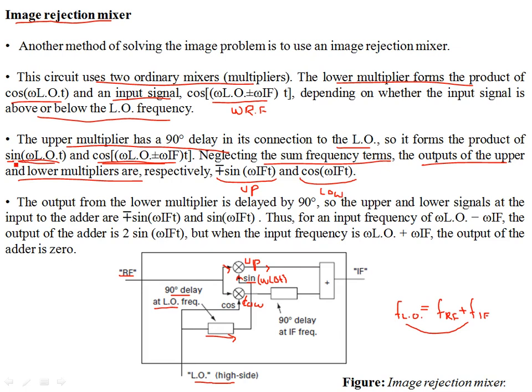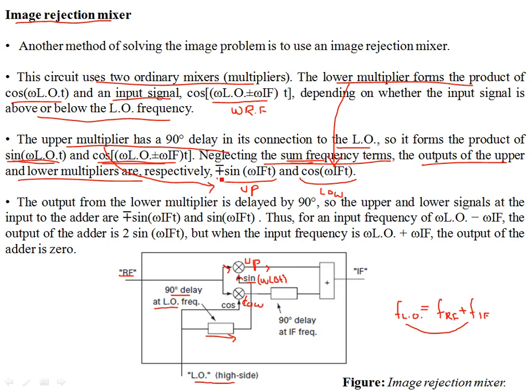Over here you have the product of sine A, cosine B, and here you have cosine A, cosine B. This is your lower multiplier, and the product of the lower multiplier is this. If you neglect the sum frequencies, we don't need them, because we are going to process the signal before demodulation at the IF stage, so we need the intermediate frequency. And for the upper multiplier, this is what you get over here.